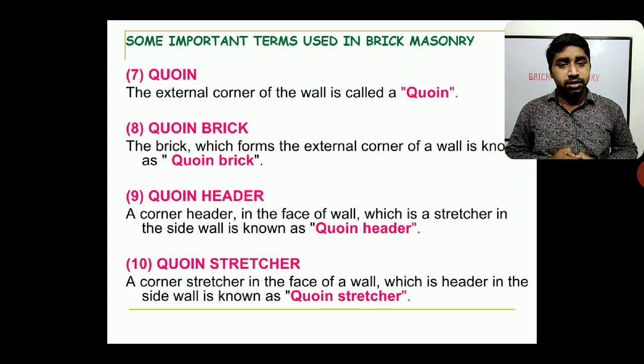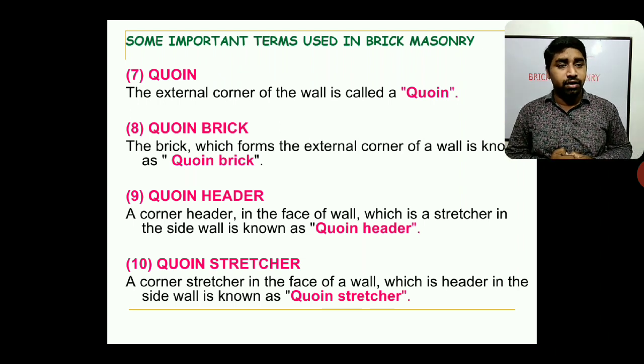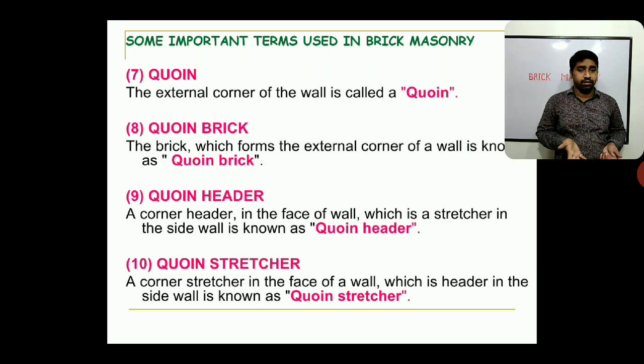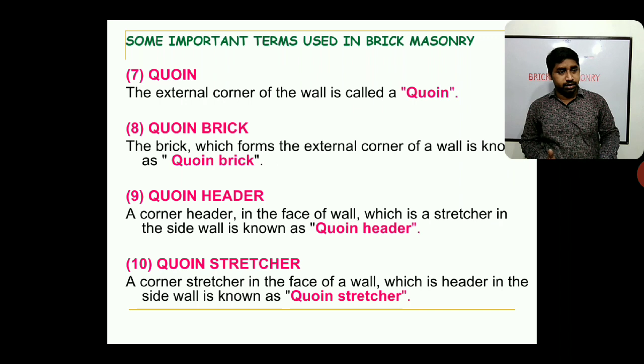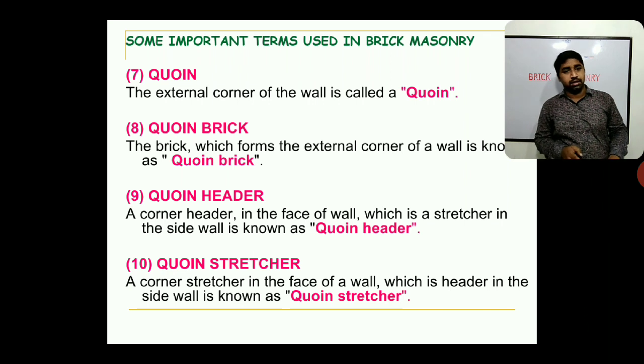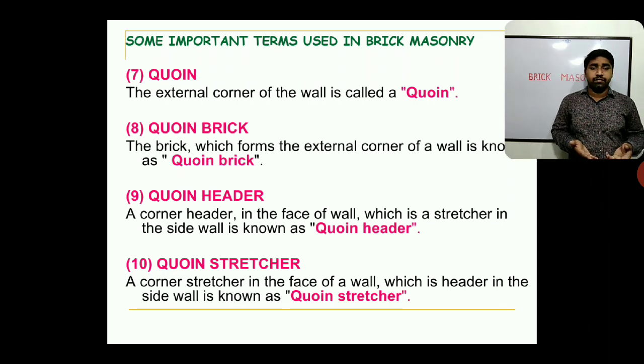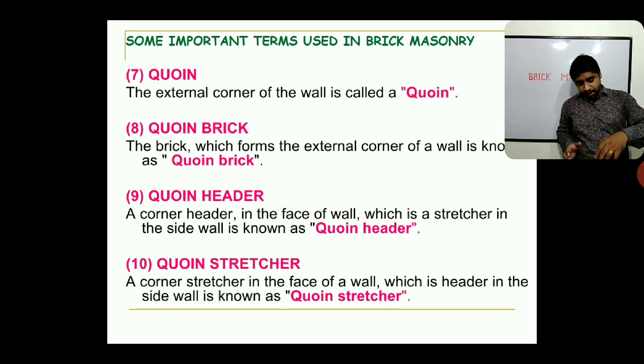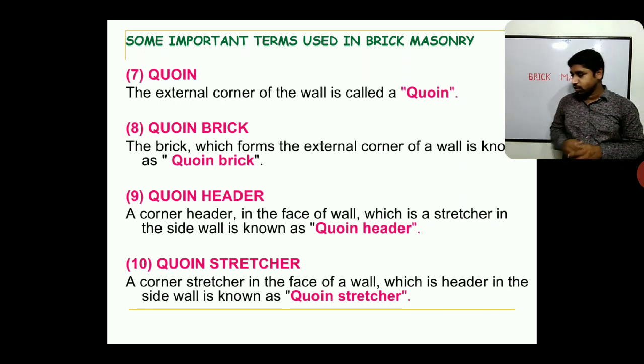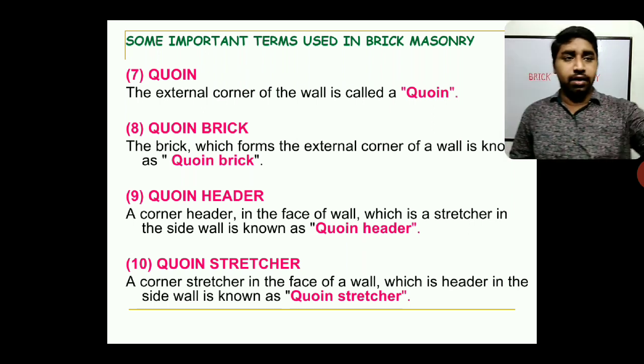Next, Kion stretcher, a corner stretcher in the face of the wall, which is a header in the side wall. So if it is a stretcher here, and on the perpendicular side it is a header, then it is called Kion stretcher. And the other way, if it is a header on this face, the other side will be a stretcher. Just like I will show here.